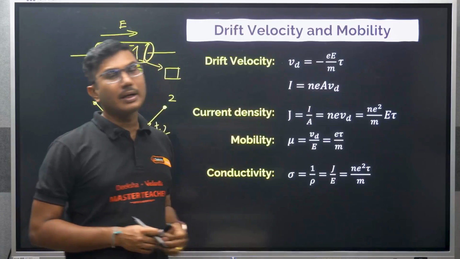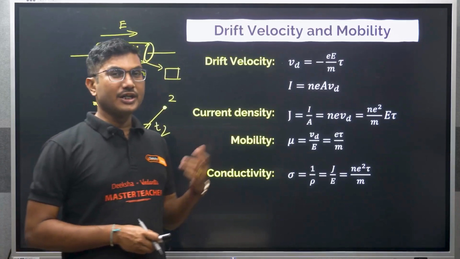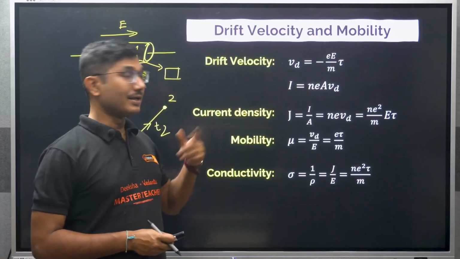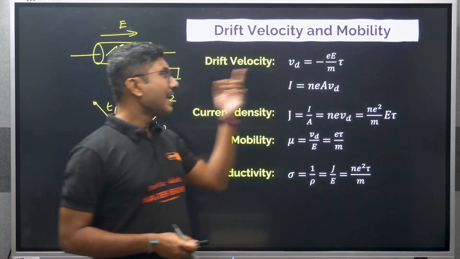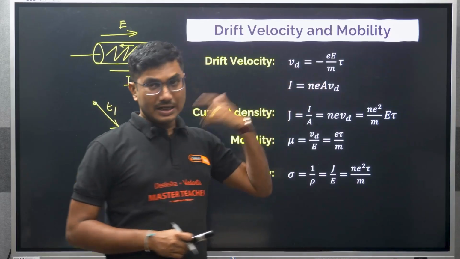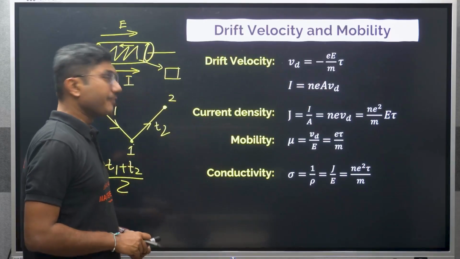It is the number of electrons present per unit volume. So that is n. e is the charge of an electron, A is the area of the conductor, and Vd is the drift velocity.